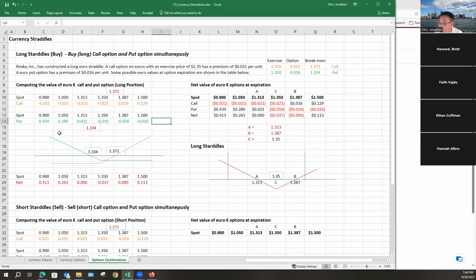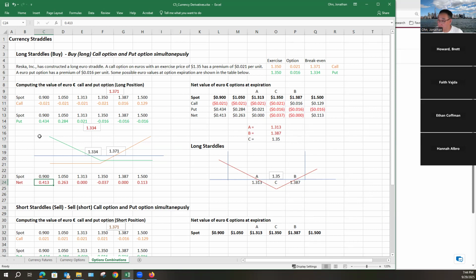So the net profit, if you sum them up, this one comes from here. I told you, computing the value of your euro call and put option combined, simultaneously. To construct the long straddle, you buy a call option and a put option simultaneously.